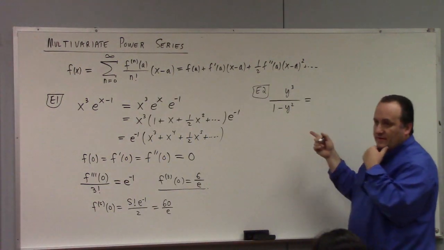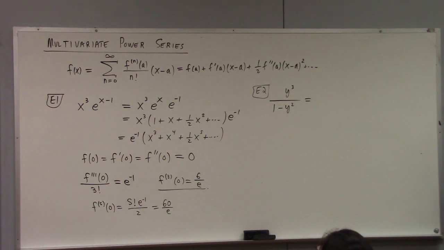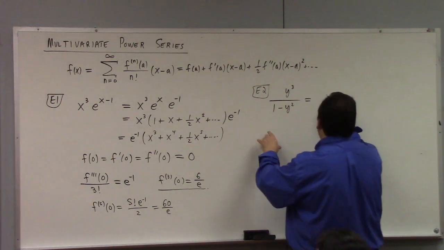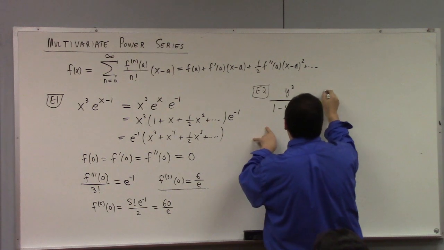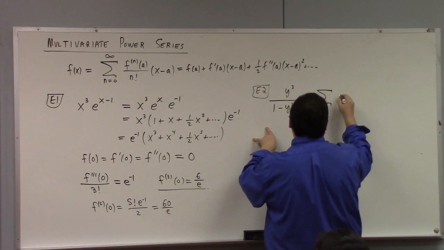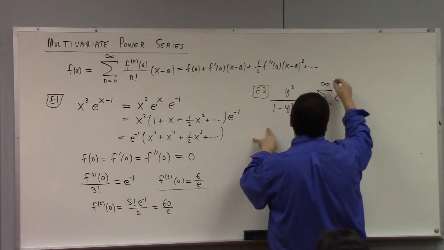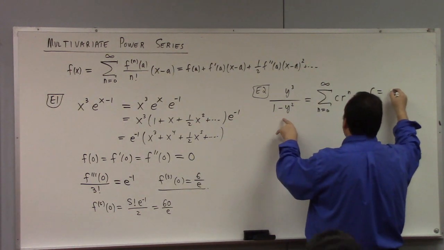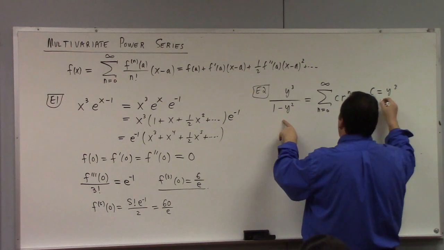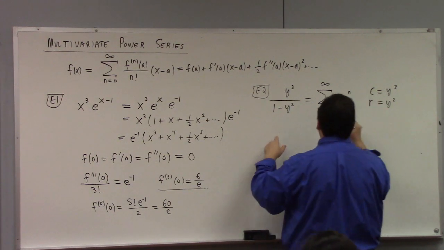I should think this is a geometric series, right? Geometric series says that this is the sum of c times r to the n, n equals 0 to infinity. But here I'm thinking c is equal to y cubed, and r is equal to y squared.